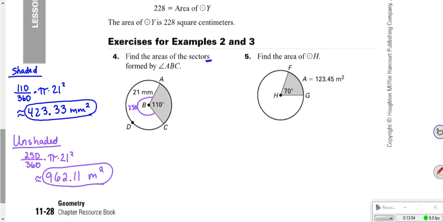Now, number 5, find the area of circle H. Here they give us the area of the sector, so we have to work backwards to get the area of circle H. So we know that 123.45 has to equal, this is where we get our ratio, our central angle over the total measure of angles in a circle, 360, so 70 over 360 times area of the circle.